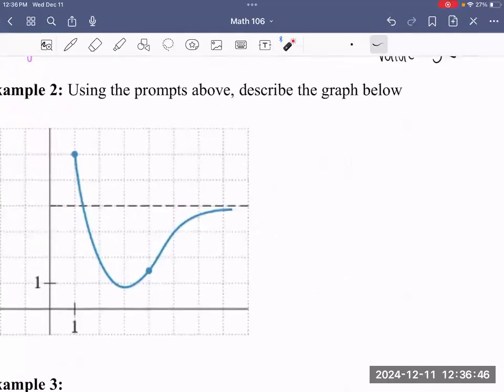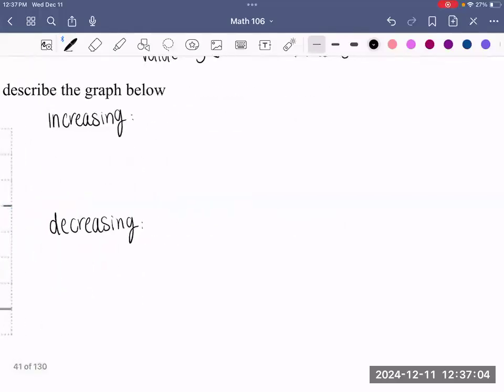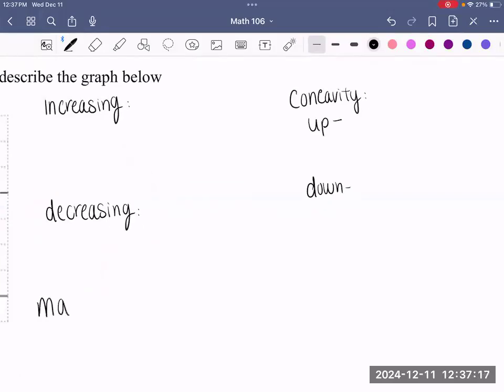If we were to do the same as before, let's say that we are looking for your increasing interval, your decreasing interval, your concavity, we'll say up and down. We also were asking about maxes and mins and any sort of inflection points.